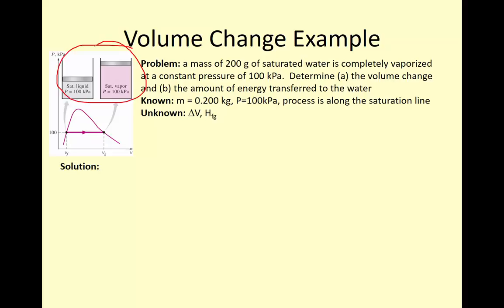To set up the problem, we have a mass of 200 grams of saturated water, and we completely vaporize it at a constant pressure. Now, in order for that to occur at a constant pressure and to be able to figure out the volume and maintain a constant pressure process, that's usually done in a piston cylinder device.